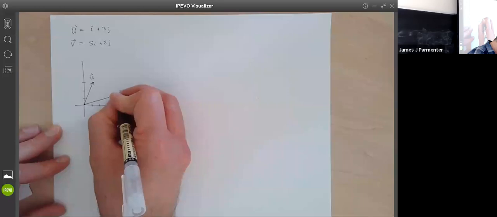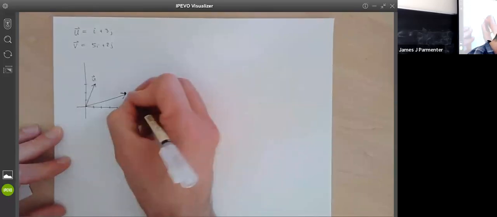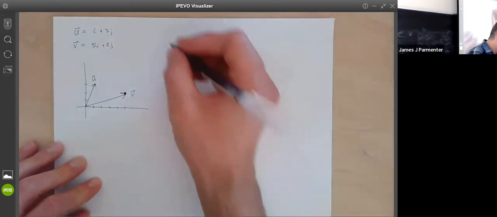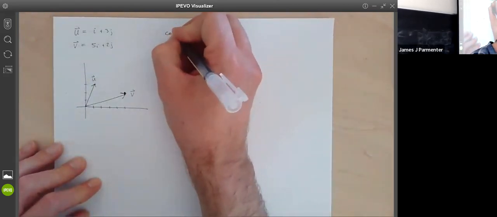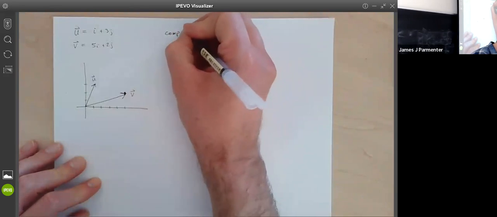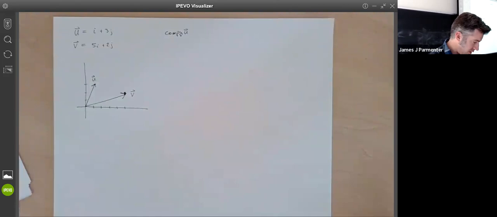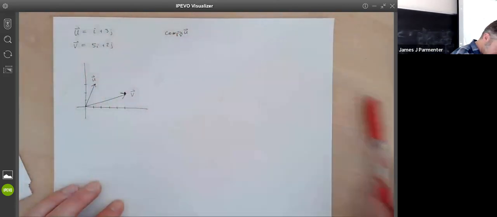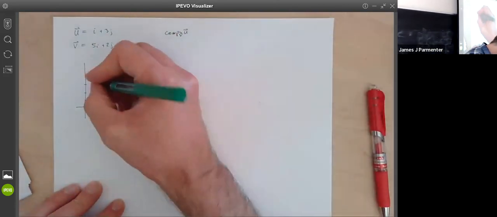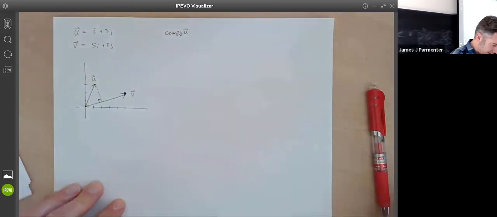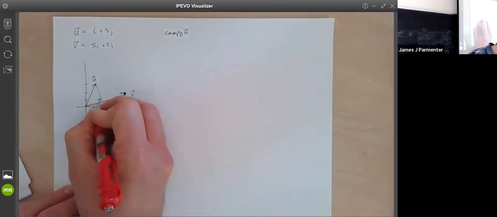Now, first let's find the component of u in the v direction. I'm going to draw it still. Really what I'm trying to find here is, if I drop this perpendicular, the length of this part right here.